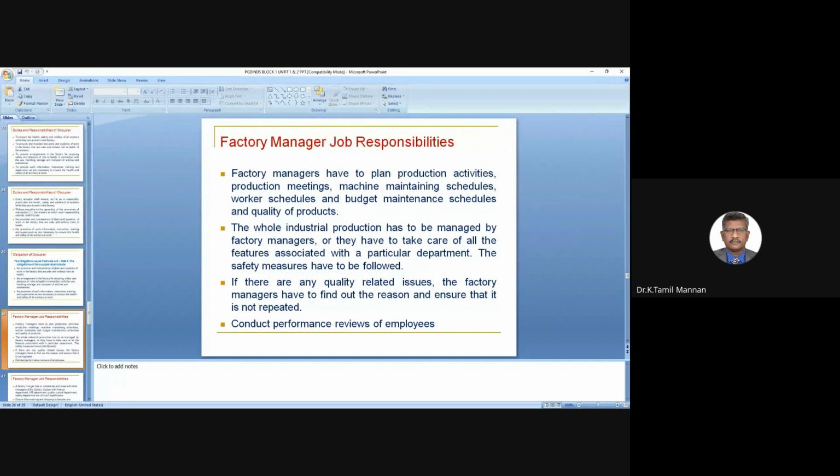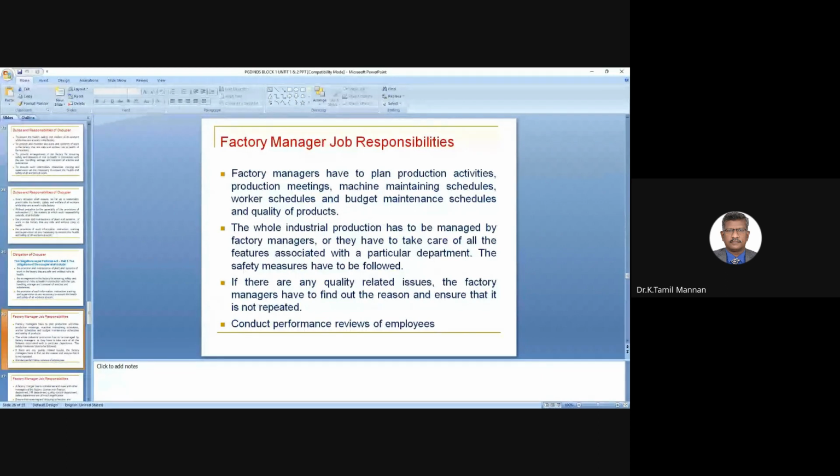Whether these activities are directly or indirectly related, they affect the safety of the workers. The factory managers have to manage the whole industrial production and take care of all the features associated with the particular department. The safety measures have to be followed.